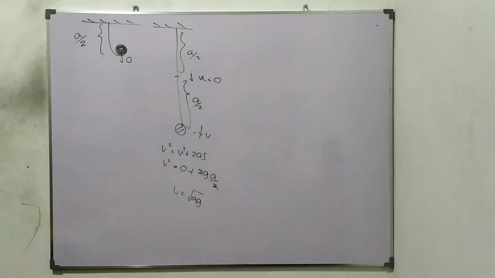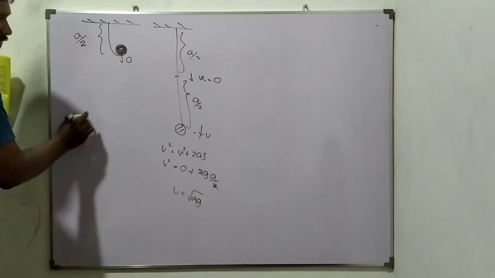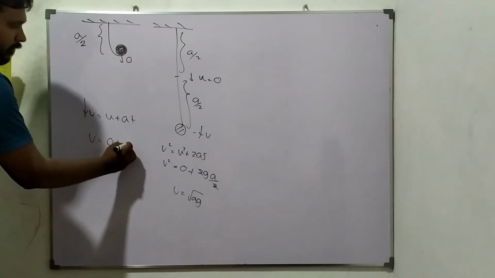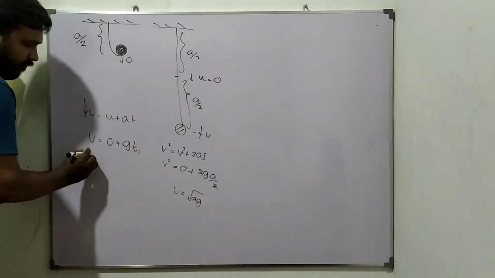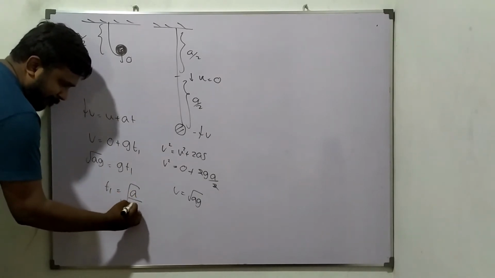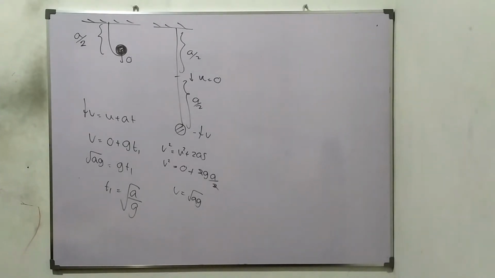Also the modulus is given as mg, and we can find the time taken using v equals u plus at, so g t1 equals root ag. These are the time taken and the velocity at the end of the natural length.